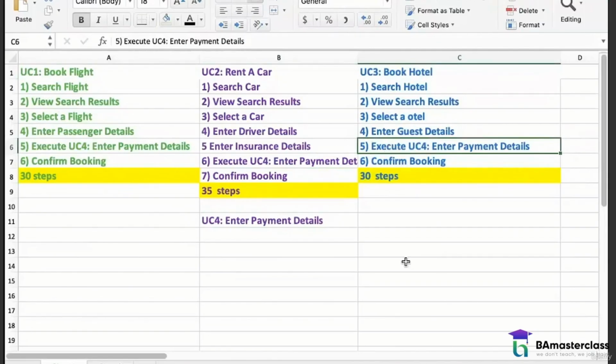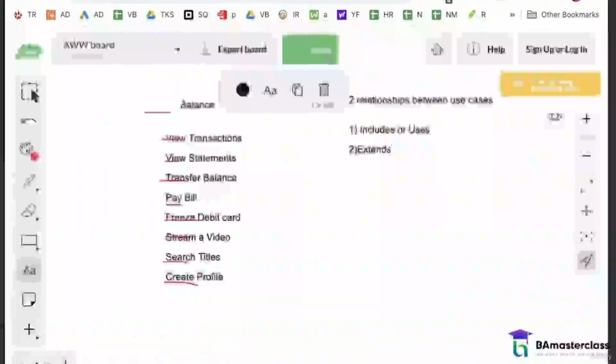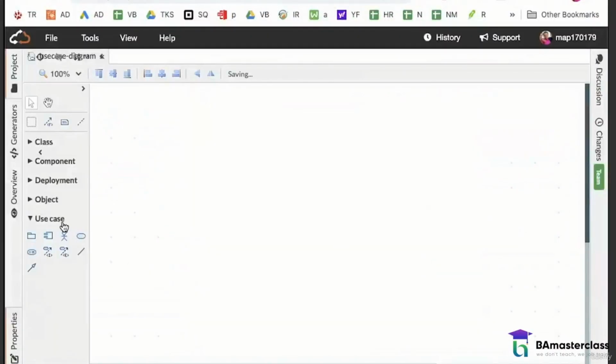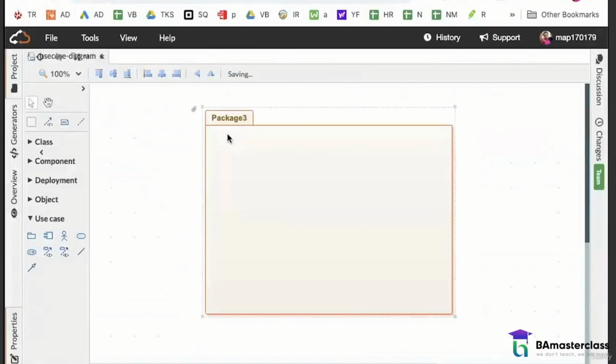So let us see how to show this relationship in a use case diagram. Again, what will be the name of my boundary in this case? What is the system for which I'm creating this? Name of the system, not the name of the use case. Expedia.